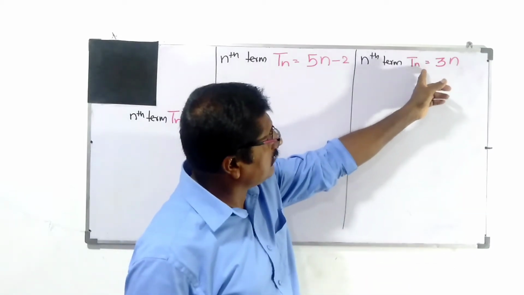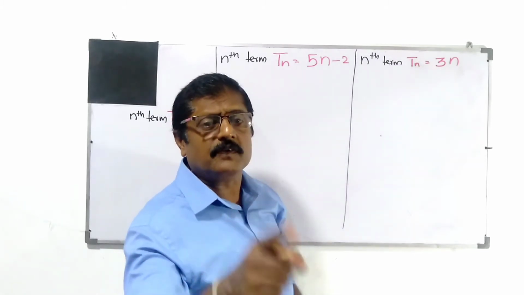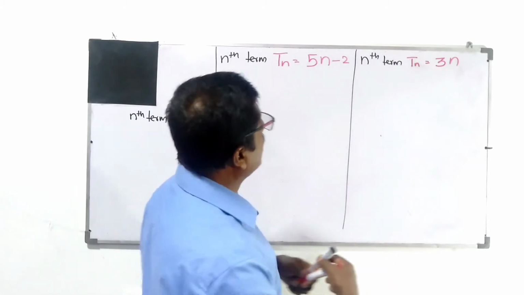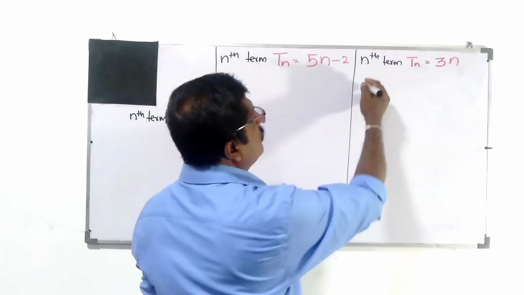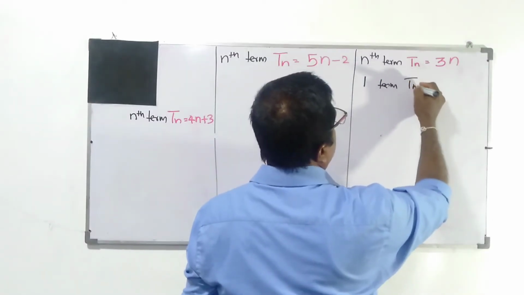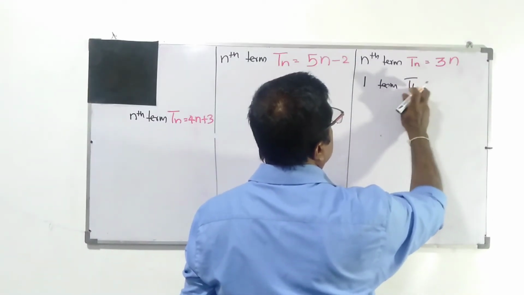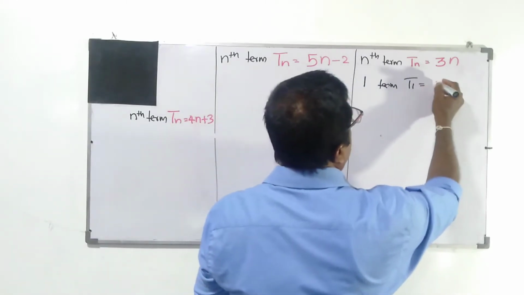The nth term Tn is 3n. Then when you want to find the first term, instead of n, you can substitute 1 for n. T1 equals 3.